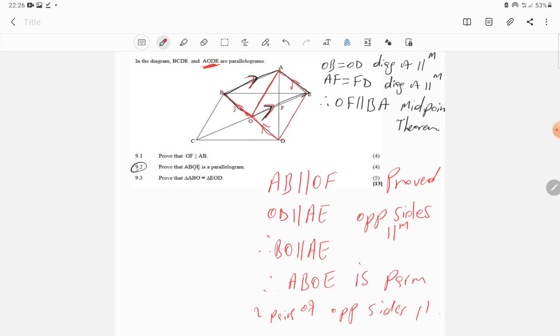So you can just write parallel to this one. If two pairs of opposite sides are parallel in a quadrilateral, that quadrilateral becomes a parallelogram. So that is what we have.